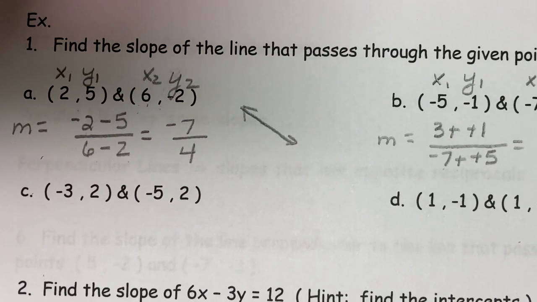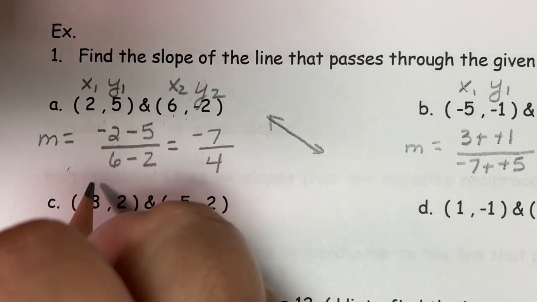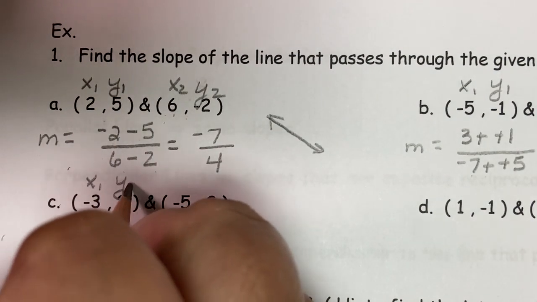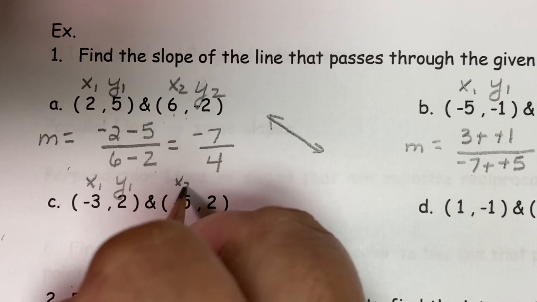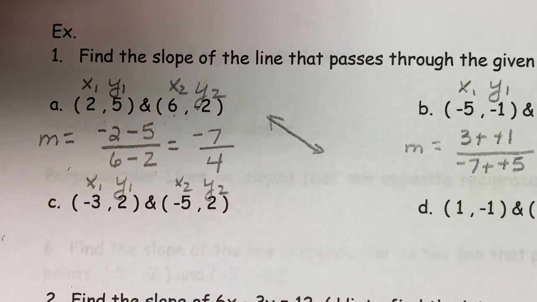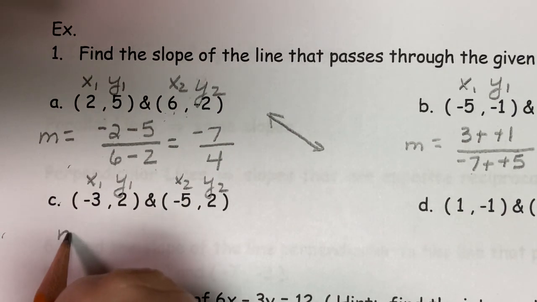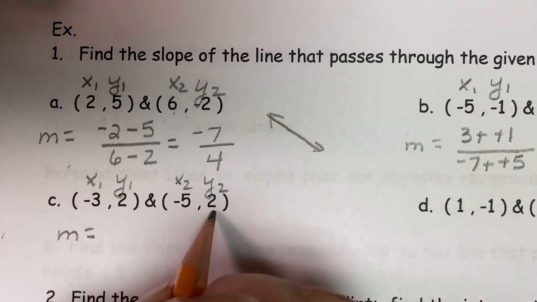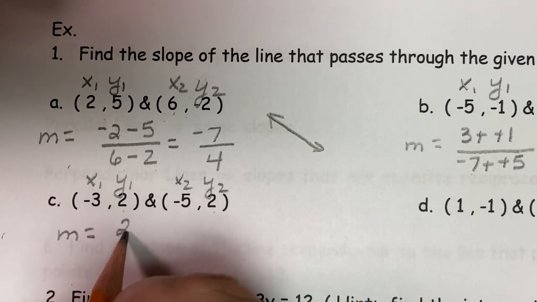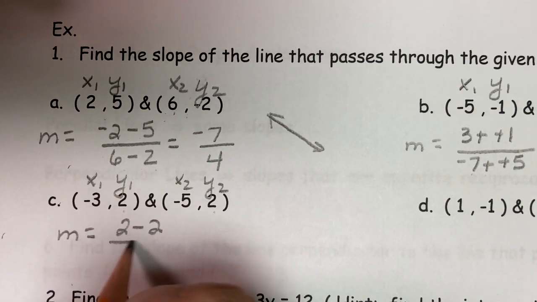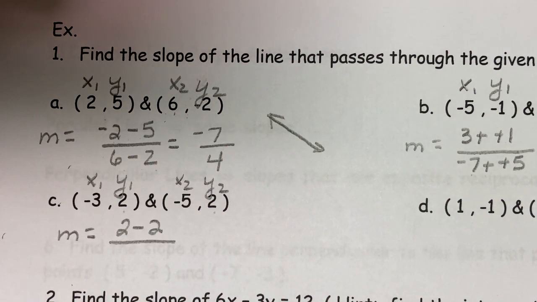Let's see what happens when we do C. If I do x1, y1 for the first point and x2, y2 for the second point and plug it into my formula, y2 minus y1 gives me 2 minus 2 on the top.